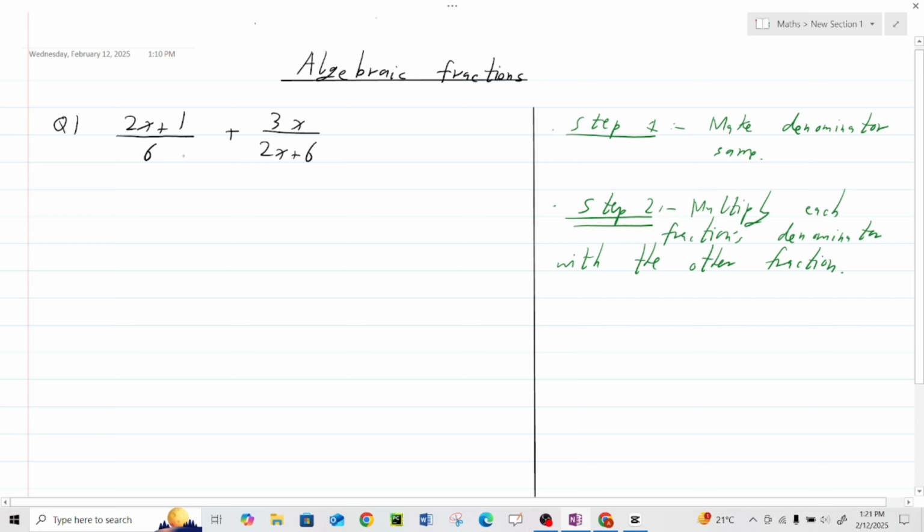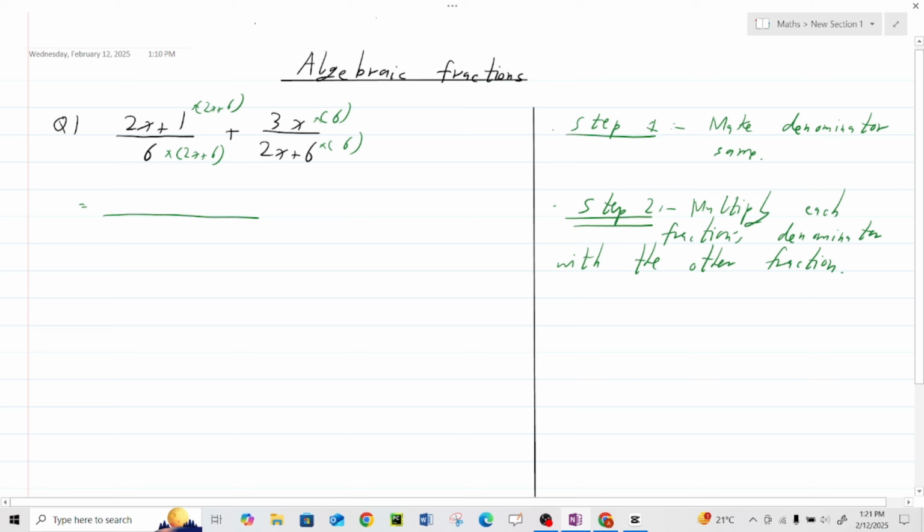Now that means I'm going to multiply this by 2x plus 6 and this by 2x plus 6, and then this with 6 and also this with 6. Now what do I get?